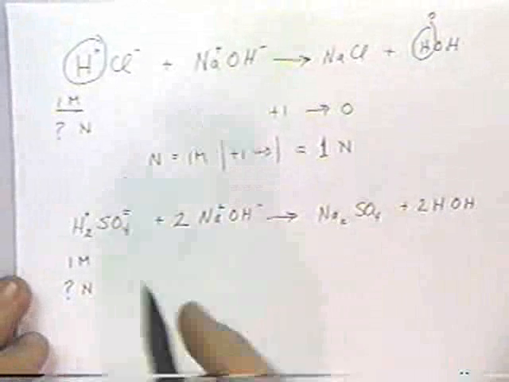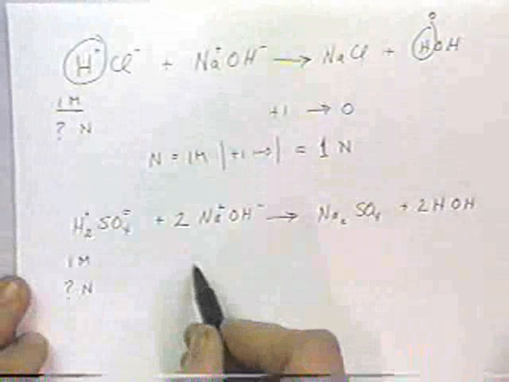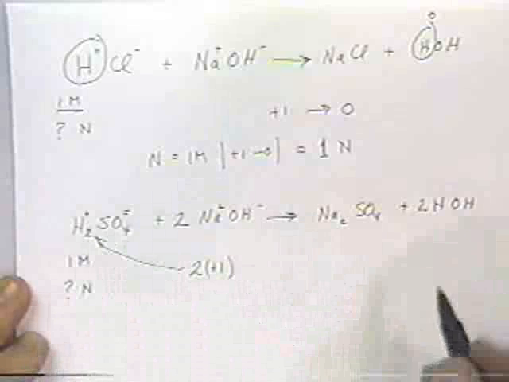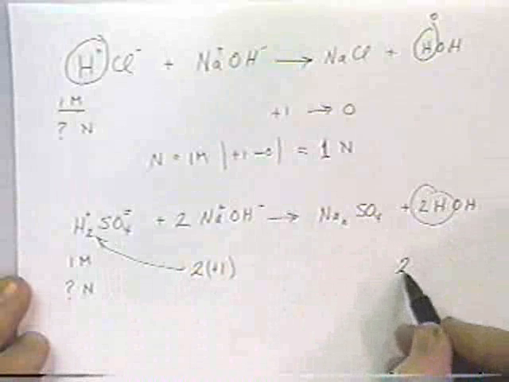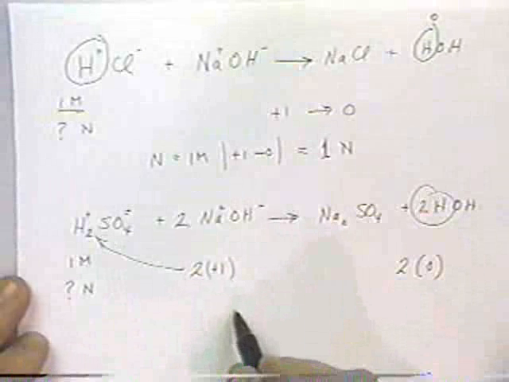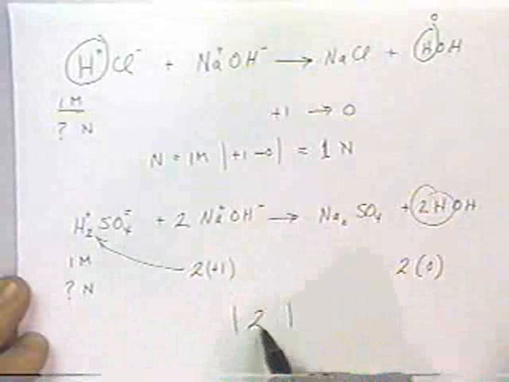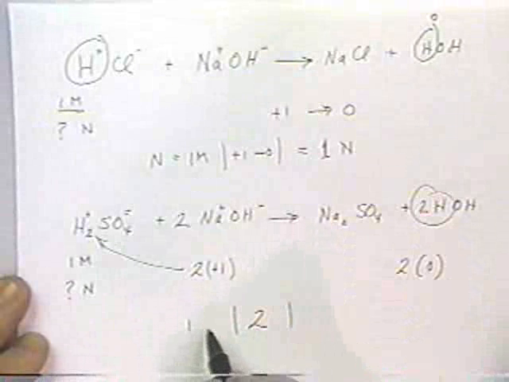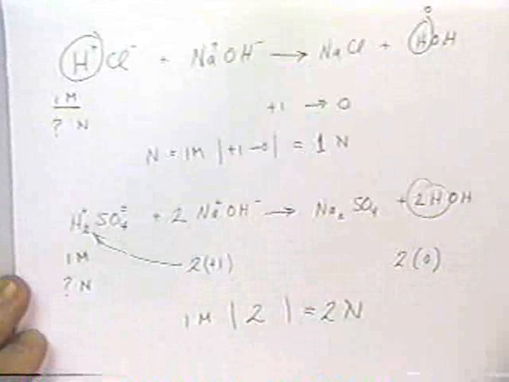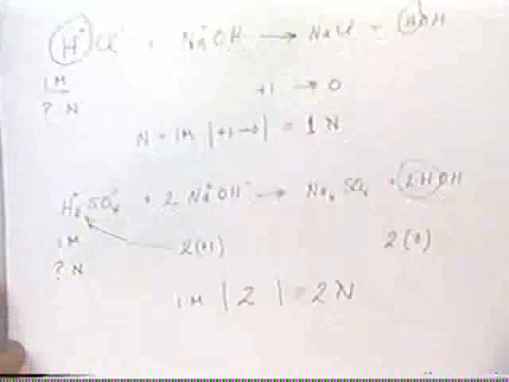Well, we can use the same logic. I have 2 +1 charges over here, and here I have 2 0 charges because it's in a covalent bond. So that means the change in valence is 2. I started with 1 molar, and so that becomes a 2 normal solution.